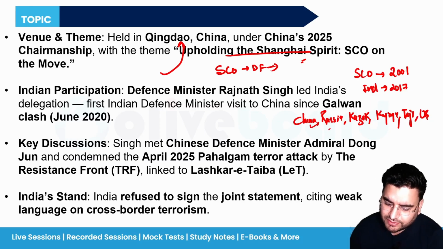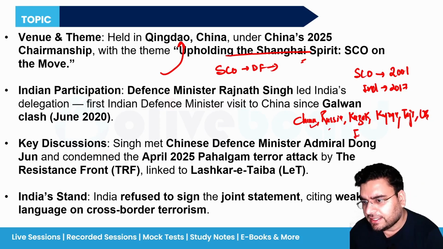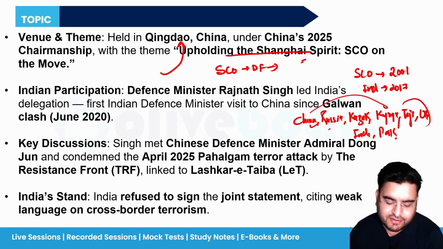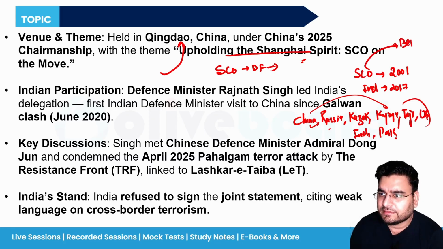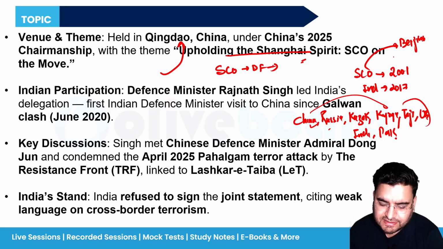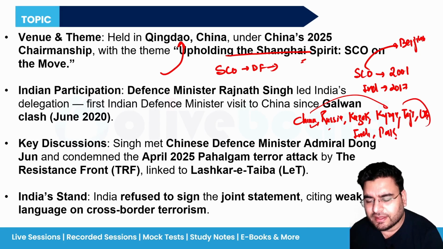Right now there are 8 countries along with India and Pakistan. The headquarters of SCO is Beijing. Please remember this, and the present Secretary General is Zhang Ming. So remember these 2 or 3 things: the year of foundation, when India joined, and the present members, right?